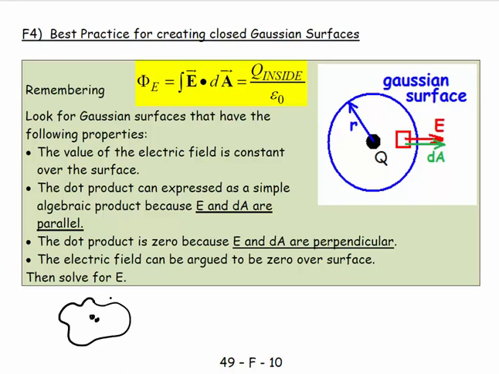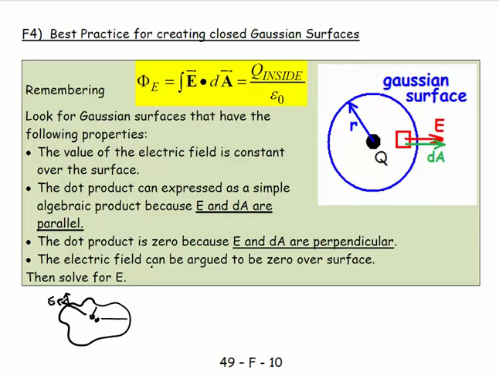Now, the problem with a Gaussian surface like that is that it's really hard mathematically, because every little window has a different area vector, electric field vector, angle, and different distances from the charges. So in this case, it would be really hard to work out anything based on Gauss's law, even though Gauss's law is correct and it applies for the entire Gaussian surface.